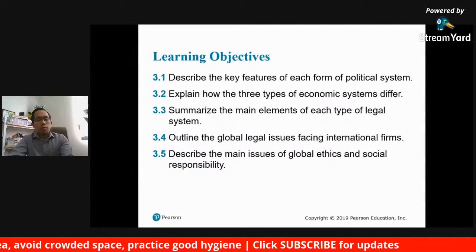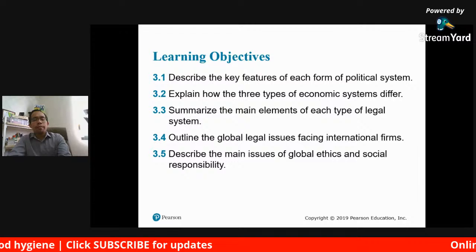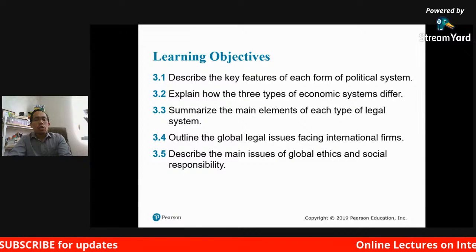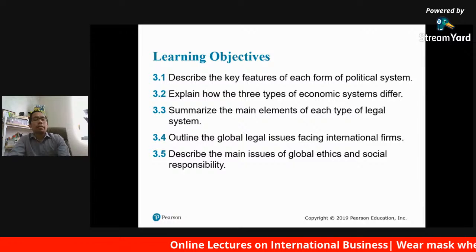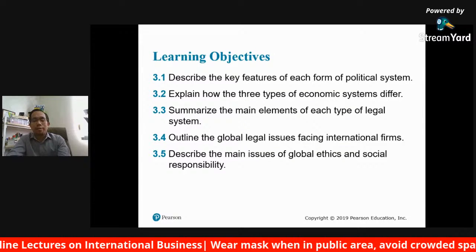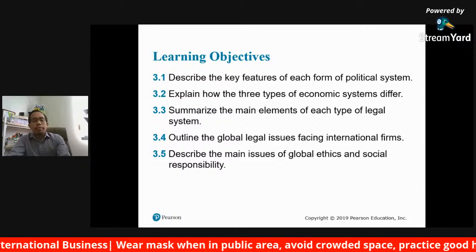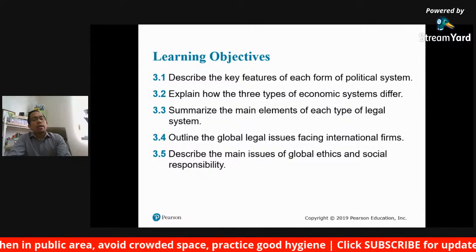What are we looking for in this topic? We're talking about the features of each form of political system. We have a few types of political system that are embraced differently by different countries.